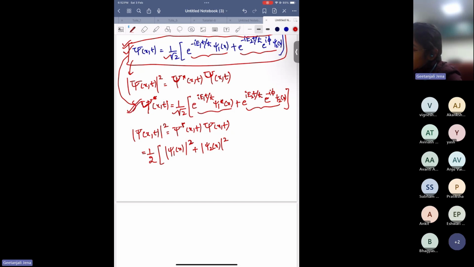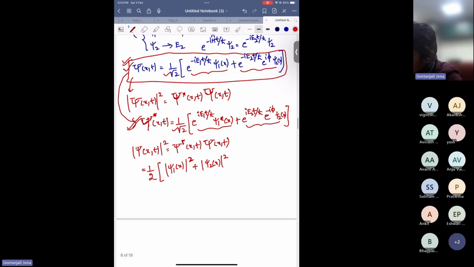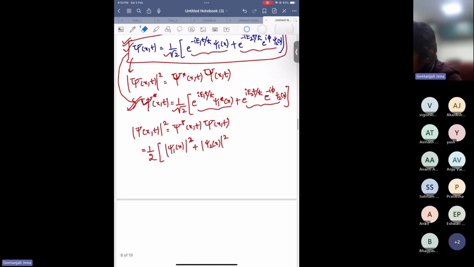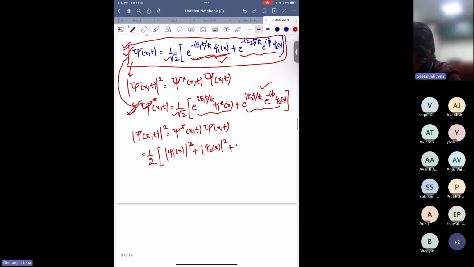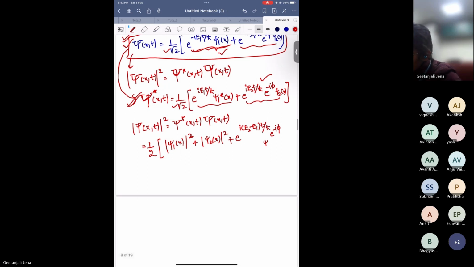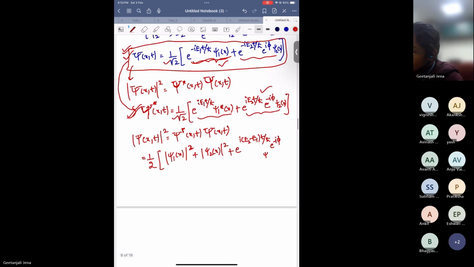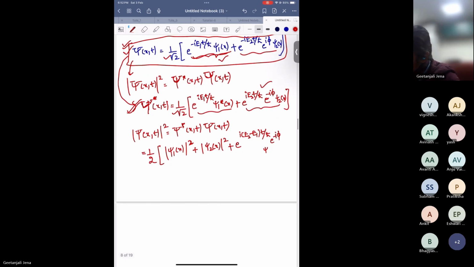Okay. So this is the first term. Now if you multiply this term with this one, then you will get one term which is e to the power i (E2 minus E1) t by h bar, e to the power minus i phi.